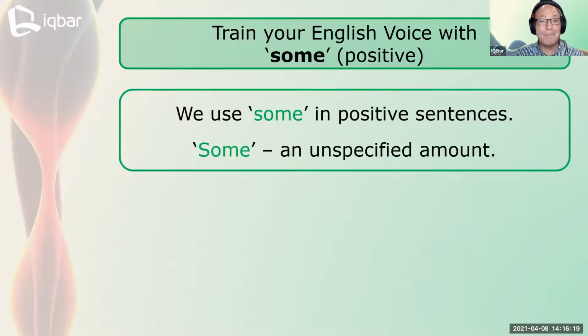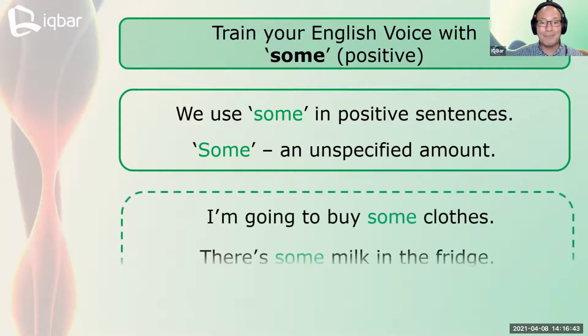We use some in positive sentences. And we also use some when we talk about an unspecified amount. That means when we don't know how many of something. It can be 5 or 10 or 20, but we don't know the number. And then we use the word some.